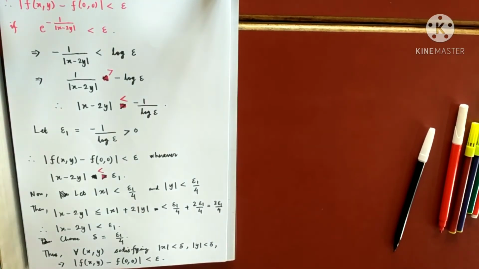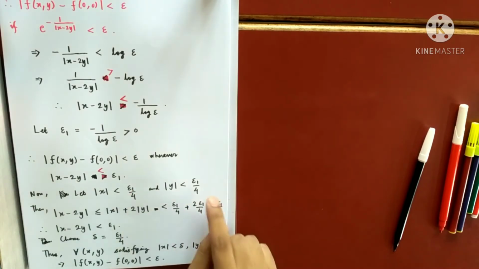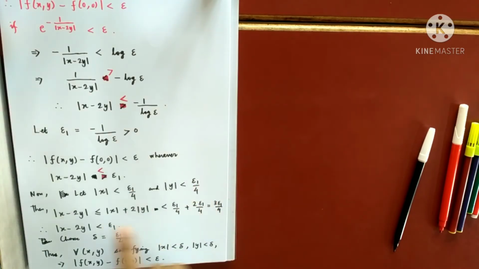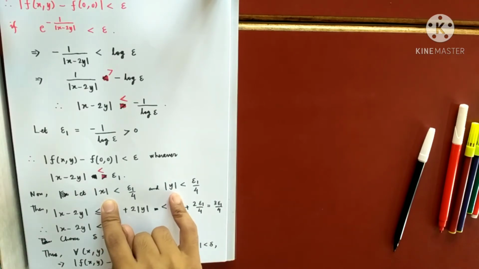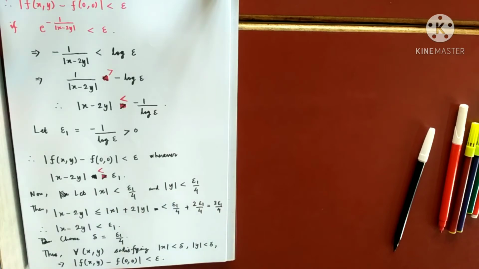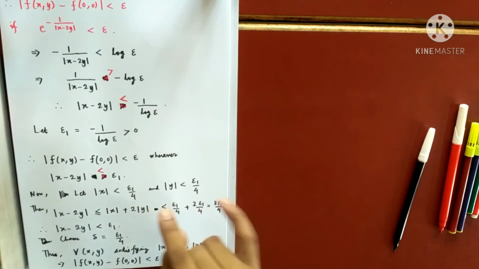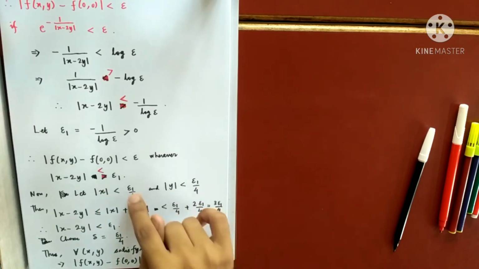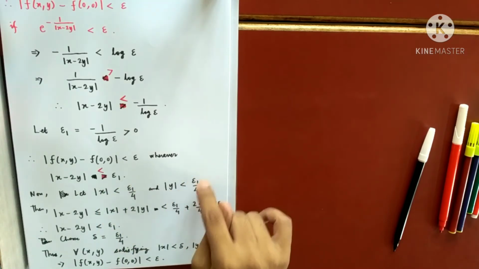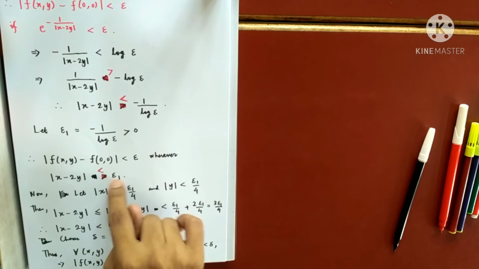Okay. Now you could have chosen epsilon 1 by 8 also, it doesn't matter here, because what I wanted is to choose such x and such y. I'm not in the circular neighborhood this time, I'm just taking the square neighborhood, that is also allowed. I wanted to choose mod x less than some quantity, mod y less than some quantity, for which this becomes less than epsilon 1.